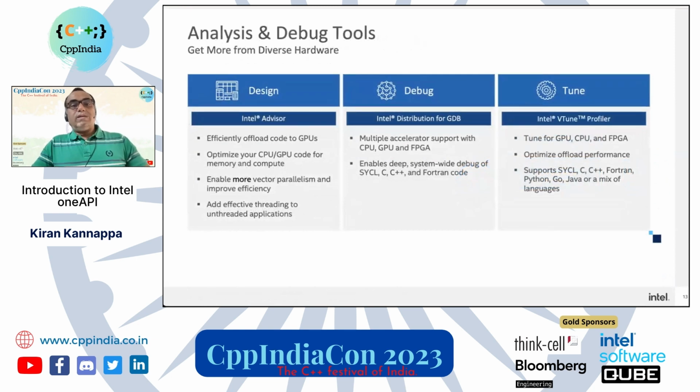As far as the tools are concerned, Intel has tools as part of its oneAPI offering in the design space, debug space, and the fine-tuning space of your software development, or different phases of your software development. In the design phase, there's a tool called Intel Advisor. In the debug phase, you can use the Intel Distribution of GDB.